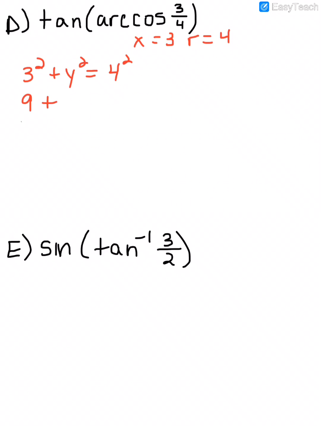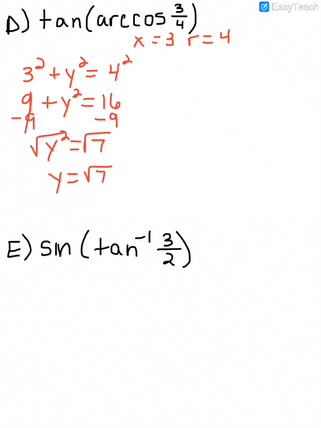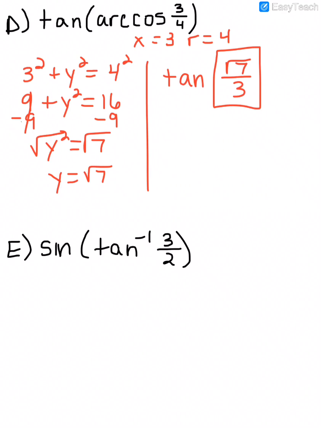So that would be 9 plus y squared equals 16. Subtract 9, and I get y squared equals 7, and then I take the square root of both sides, so y equals the square root of 7. Okay, so then that means that the tangent would be y over x, so it would be the square root of 7 over 3. And that would be our answer.